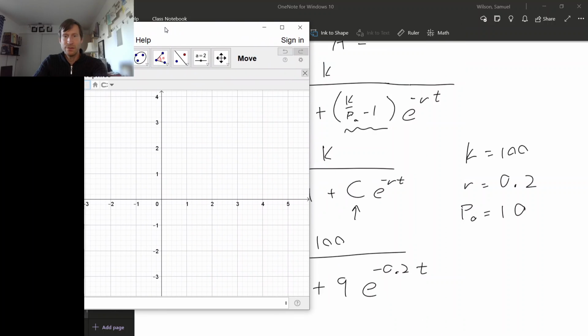I'm going to call it f of x in GeoGebra just because that's how we keep GeoGebra happy. So 100 divided by 1 plus 9 times e to the negative 0.2 times x, and I'm going to use x instead of t because that's how we keep GeoGebra happy. Okay, graph that.